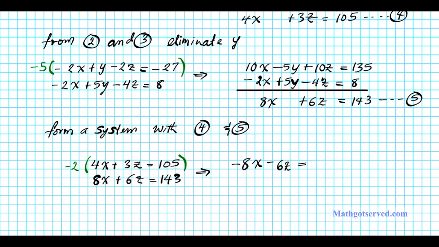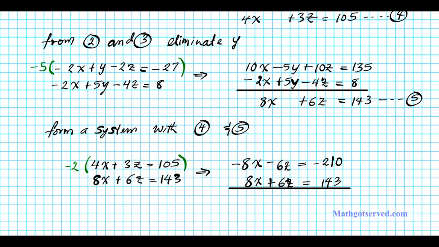So if you multiply 105 by 2, you have -210. All right, now equation number 5 stays the same. It's still 8x plus 6z equals 143.